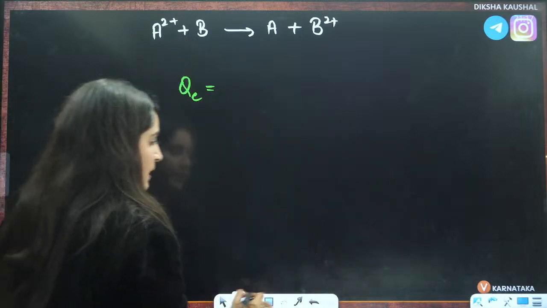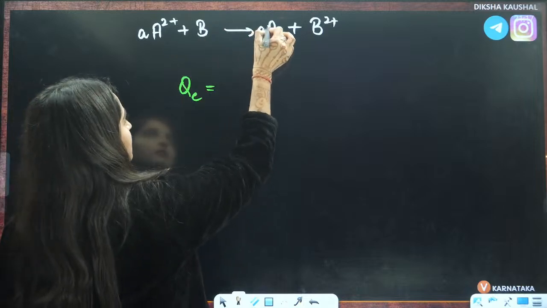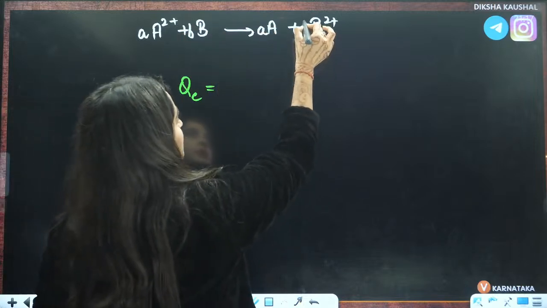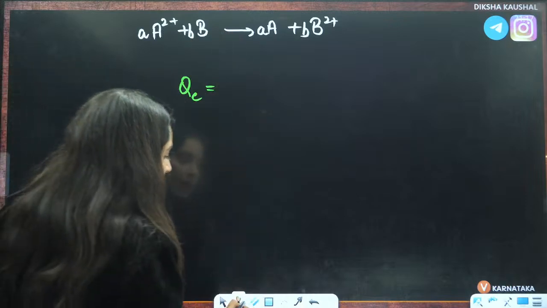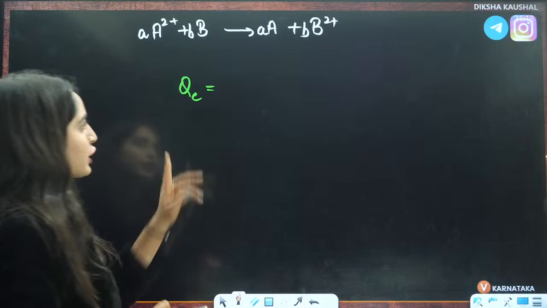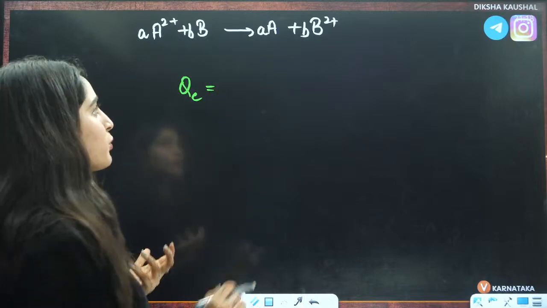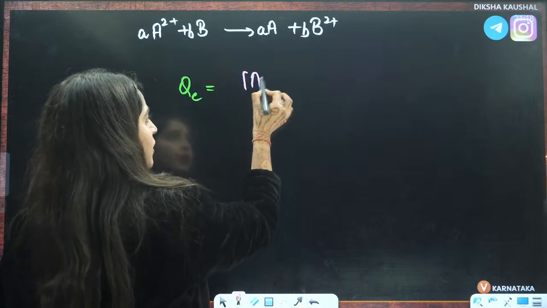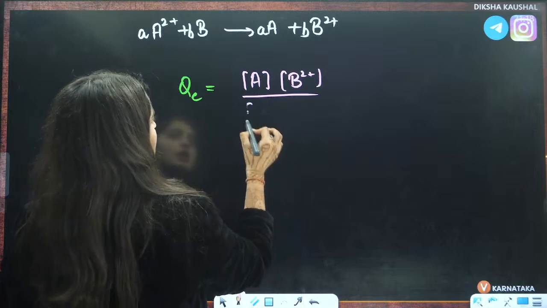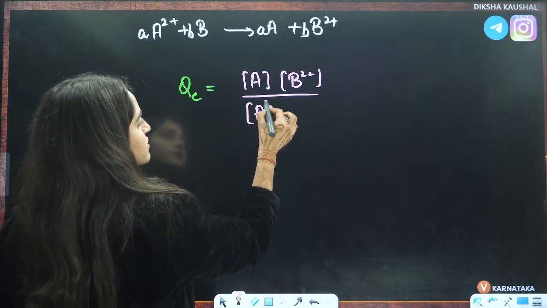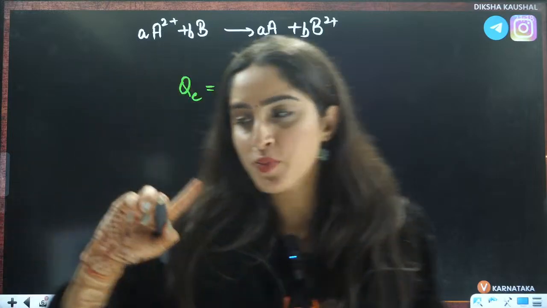Let's say this is A and this is A, and this is B and this is B, so I'm assuming this is AA, this is BB. Now, QC is products by reactants. So firstly, what are the products? The products are A and B2+, and the reactants are A2+ and B. These are the products by reactants.